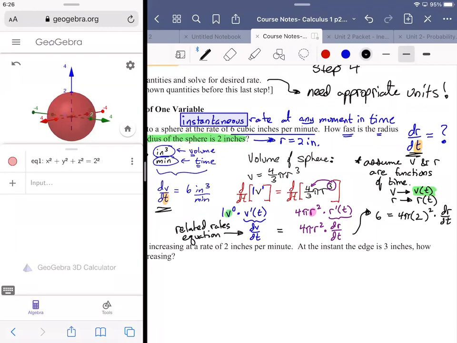Once we go through this process, we'll have our answer, the process being actually solving, but the work is done, because 4 times 2 squared is going to give you 16. So 6 over 16 pi, that's going to be 3 over 8 pi. All right. We do need units.